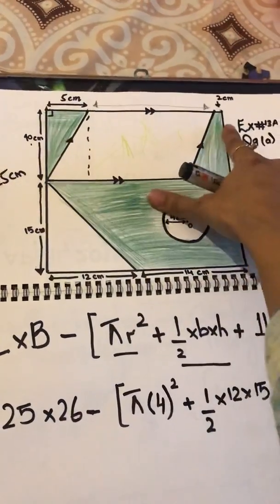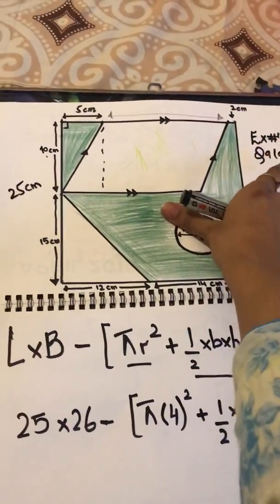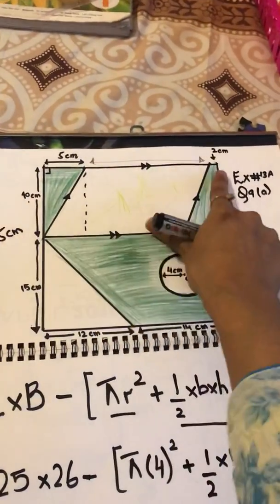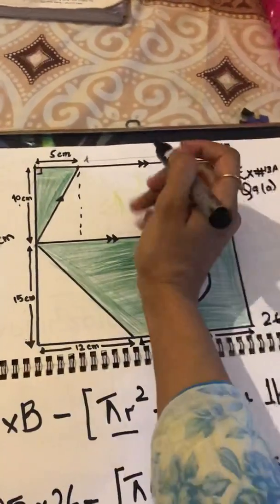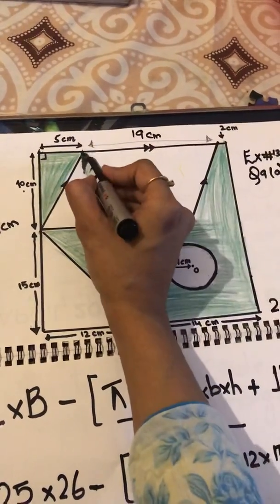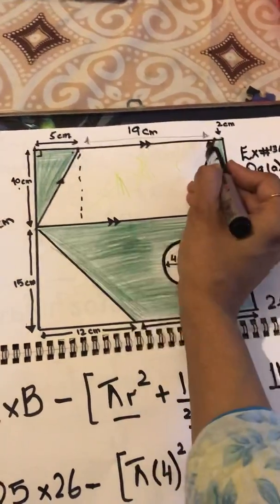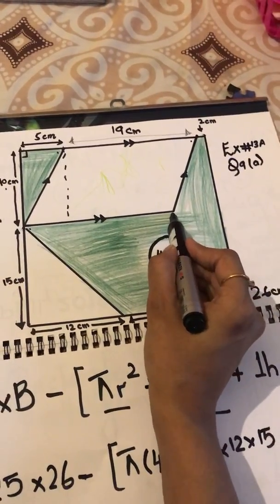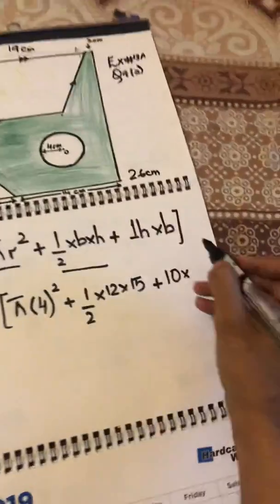And this complete is 26. So if we subtract 7 from 26, we are going to find out this height. Therefore 26 minus 7 is 19 centimeter. We want this, right? As this length is equal to this length, therefore the base of the parallelogram becomes 19 centimeter. I hope it's clear.